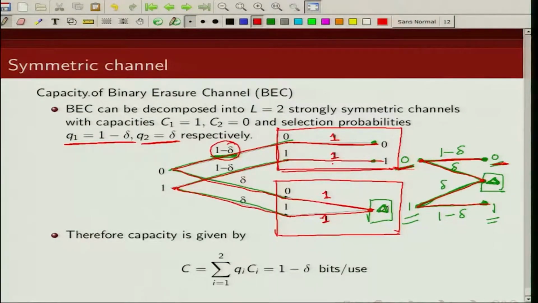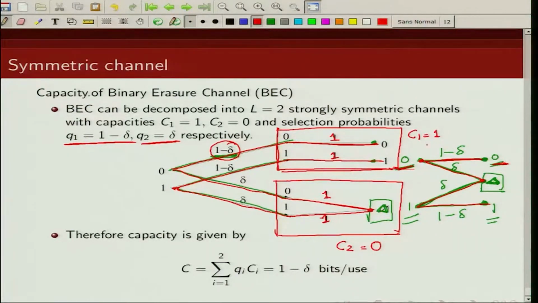J in this case is 2, so log of 2 is 1, and the transition probabilities are 1 and 0, so the contribution due to H of Y given X will be 0. So, the capacity of this will be 1. Similarly, here J is 1, so log of 1 is 0, and the probabilities are 1. So, the overall capacity of this strongly symmetric channel is 0.